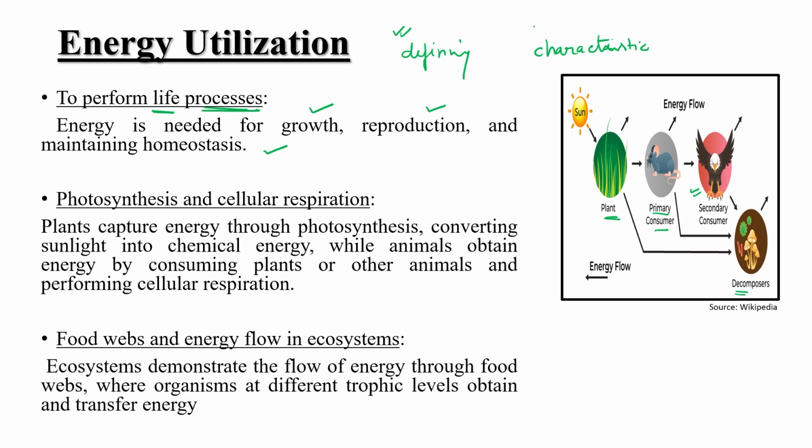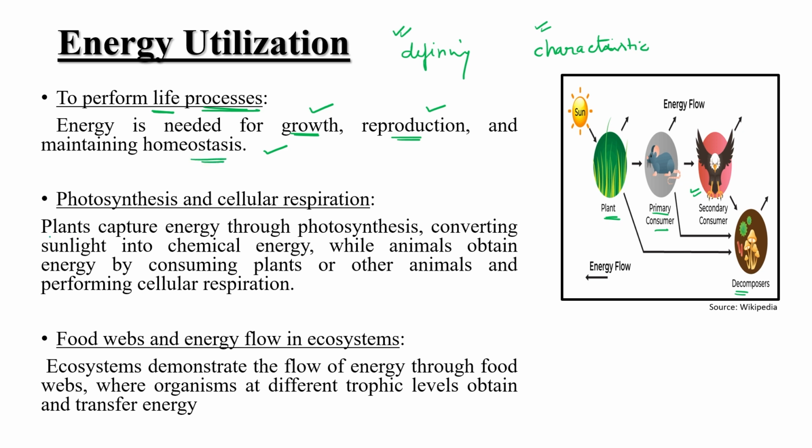These come under the characteristic features category, just to finalize whether this thing comes under living or non-living category, right? So in this particular lecture we are going to discuss energy utilization and why all living things, whether prokaryote or eukaryote, need energy for their growth, for their reproduction, as I just told you, and to maintain homeostasis of their own cell.